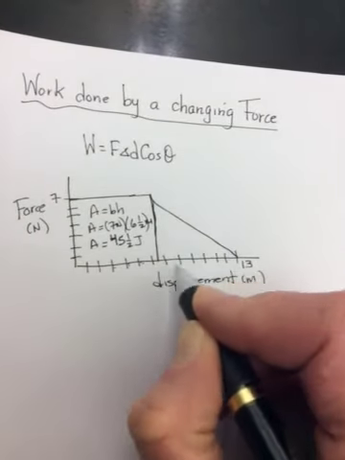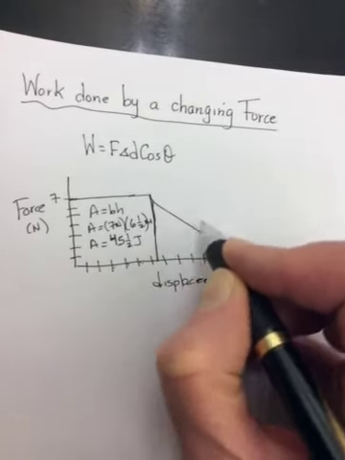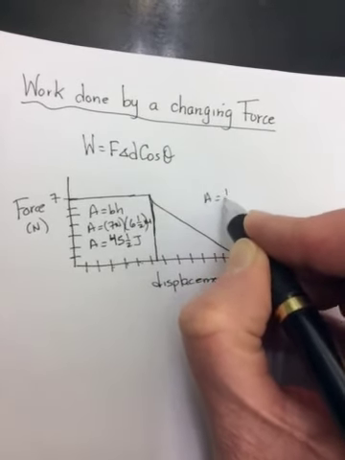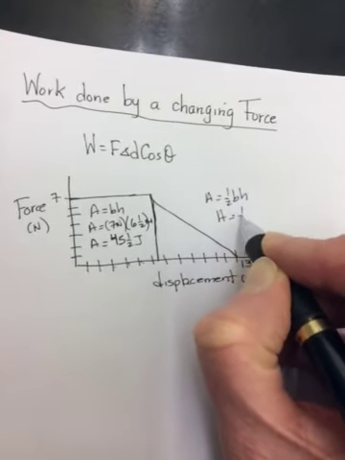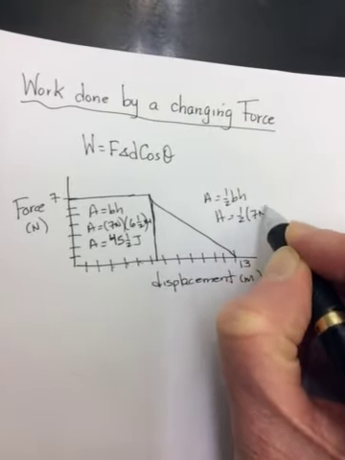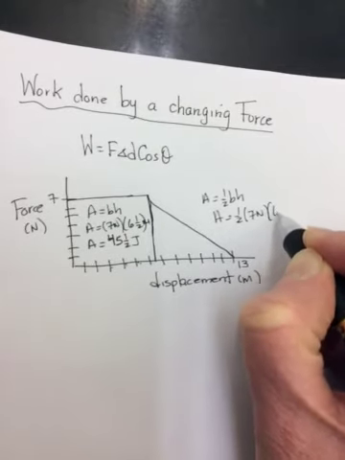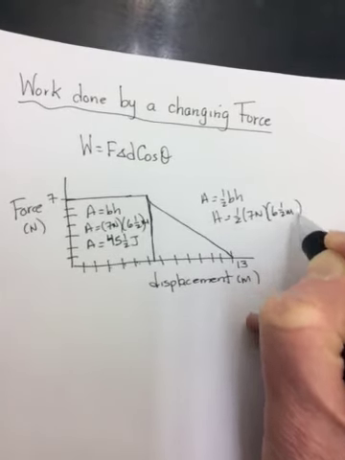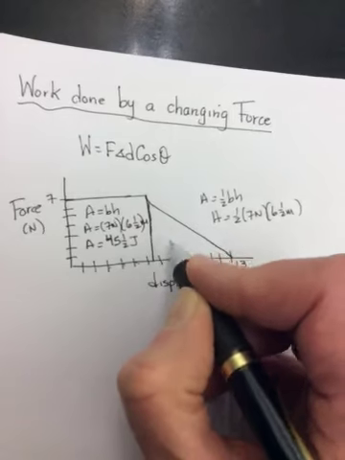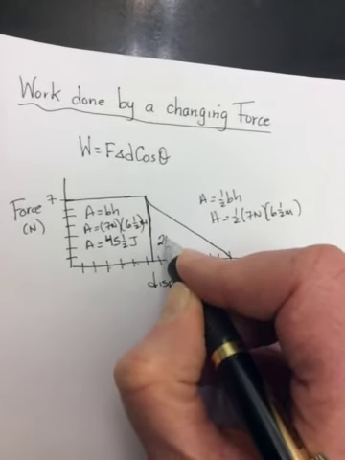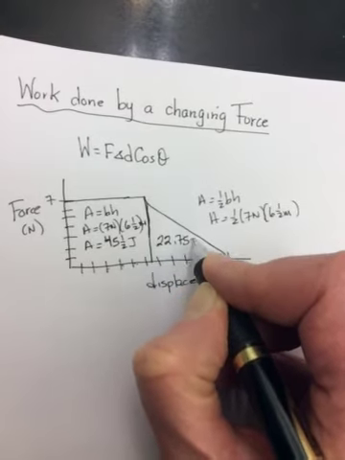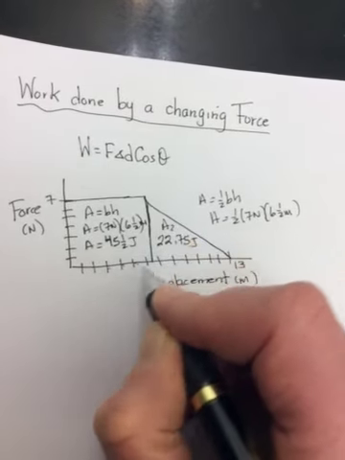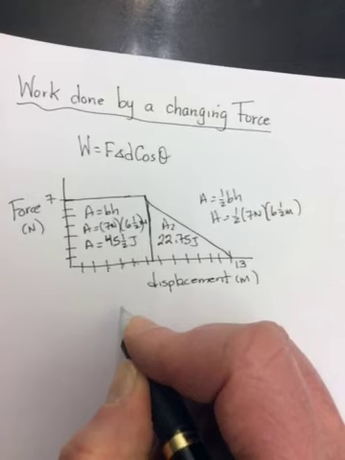And then we would do this part, and this part is also 6.5, so the area of a triangle, half the base times the height. So 1/2, 7 newtons times 6.5 meters. So 1/2 of 45.5 will be 22.75 joules. And so the total area would be these two added together.